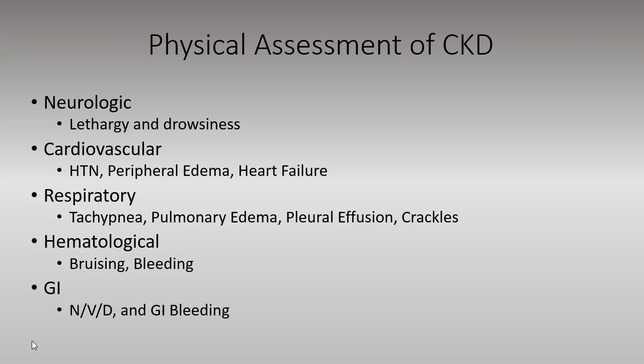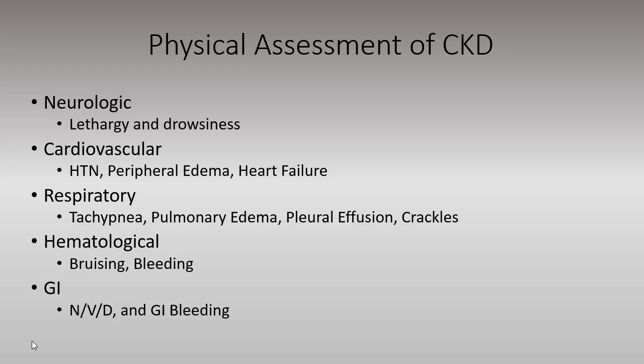We know that the kidneys also produce erythropoietin, which helps the body produce red blood cells. If that is impaired, then your body isn't able to actually produce the red blood cells. It will also cause the platelets not to function properly, which would cause bruising and bleeding.